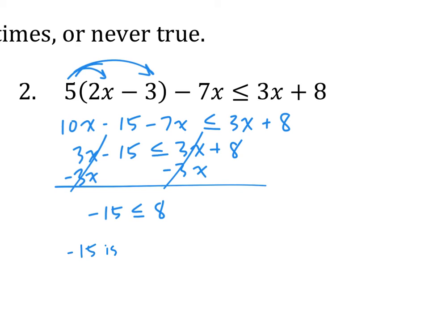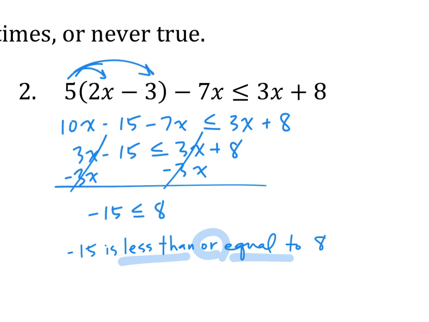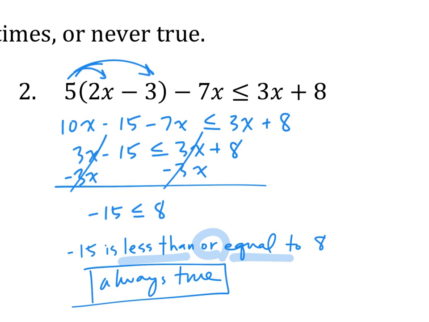Negative 15 is less than or equal to 8. The key here is or. You only need to meet one of the requirements. Is it less than? Is it equal to? If it's either one, then the sentence is true. So this one is always true. I know this is tricky for some students because they're really thinking about it, and I really appreciate that. So this is kind of the explanation of that.